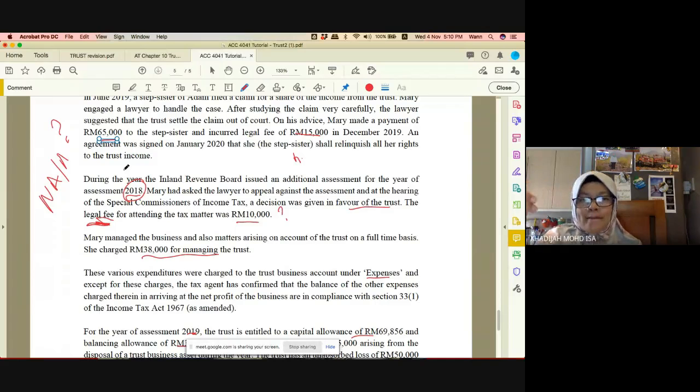You can only revise if it gives a higher tax liability, or you have omitted an income, or you have miscalculated, but the result must be a higher tax liability. Because if it is lower, you cannot revise, unless because of technical issues, and that one you can write in. Is that clear?